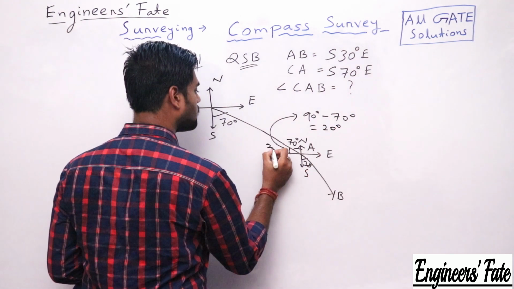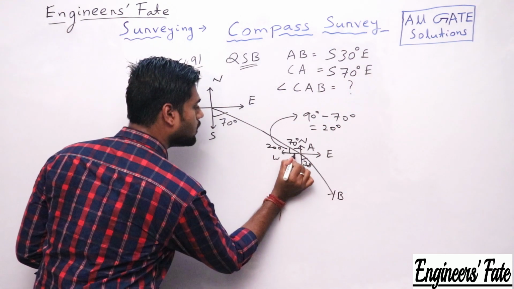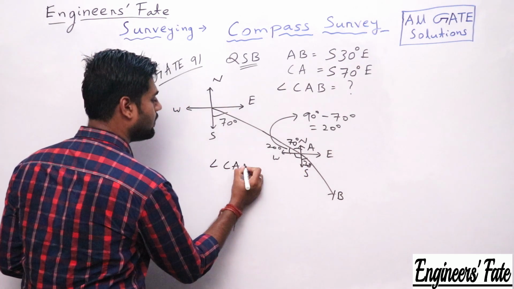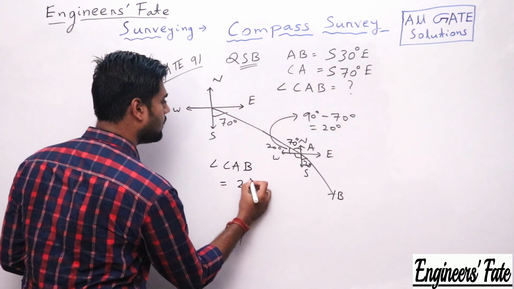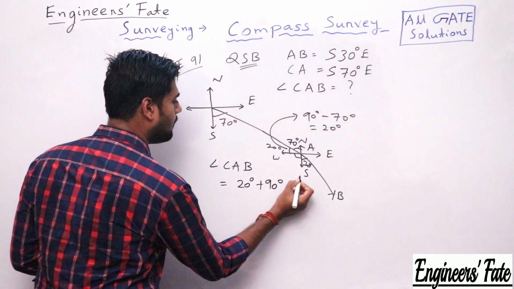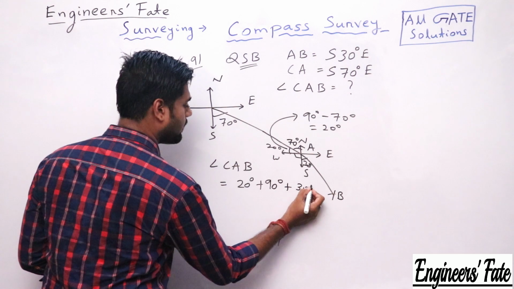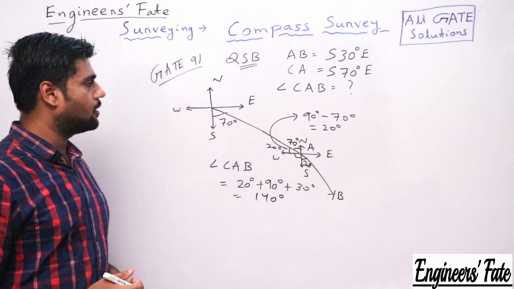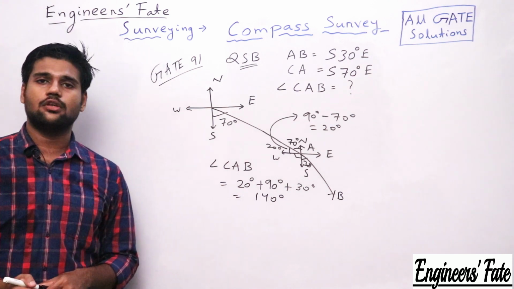So this one is 20 degree and this one is the whole 90 degree. The total angle CAB will be 20 degree plus 90 degree plus this 30 degree. If you add, the answer will be 140 degree. So please note this and try the question yourself.